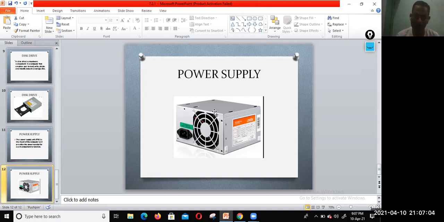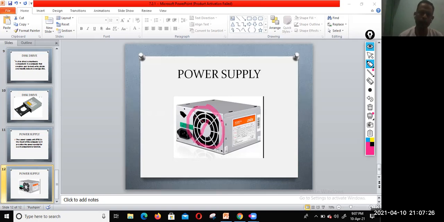Here you can see this is the fan. Some SMPS also have a button on the backside, so that it can be turned on or off, right? And this is a simple example.